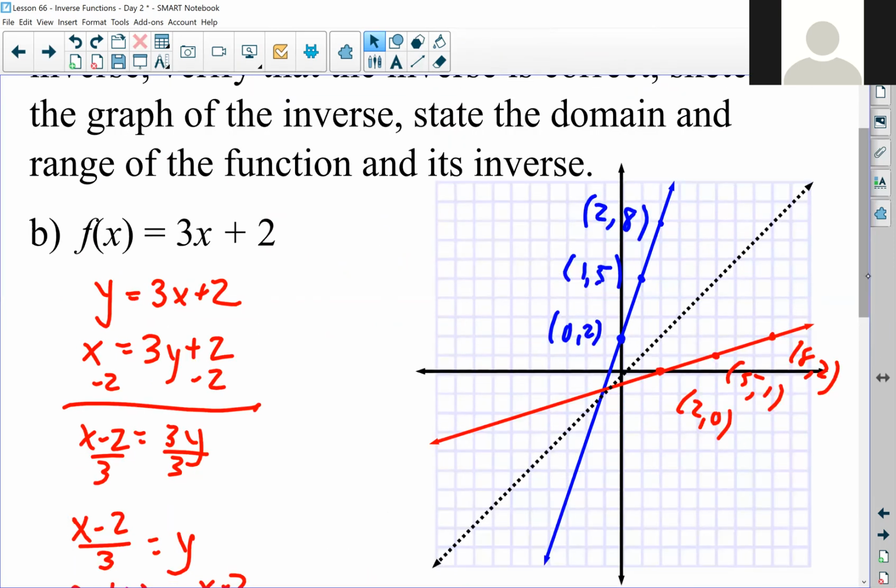So basically we take the blue line and flip it over that dotted line to get the inverse.